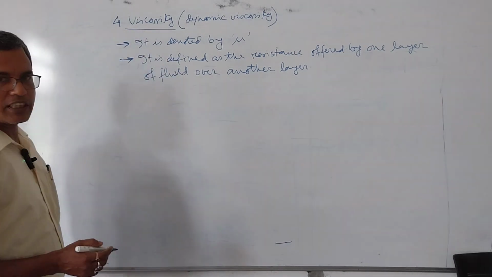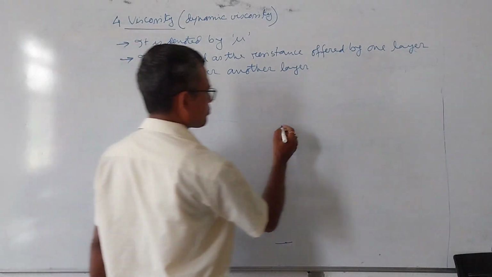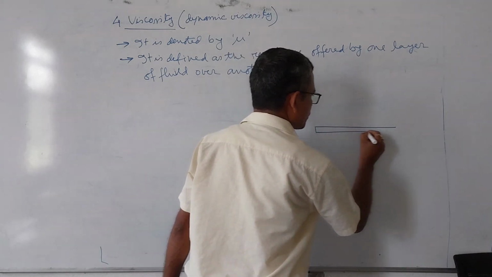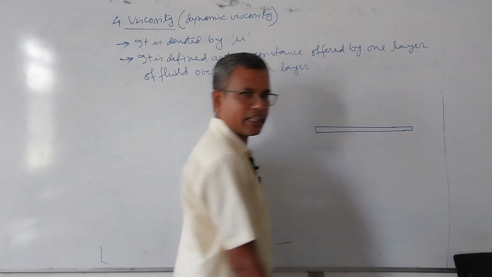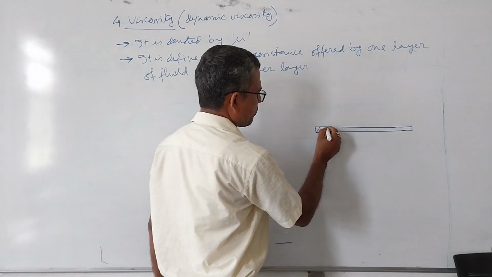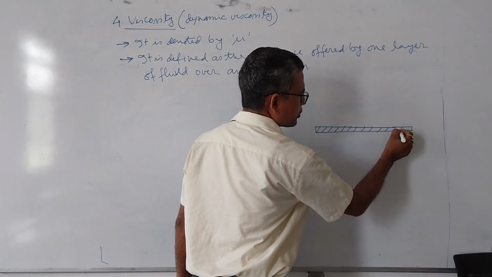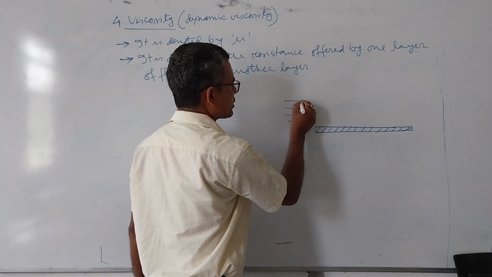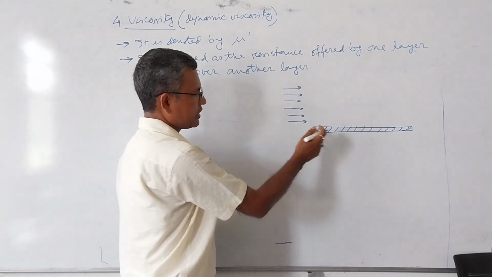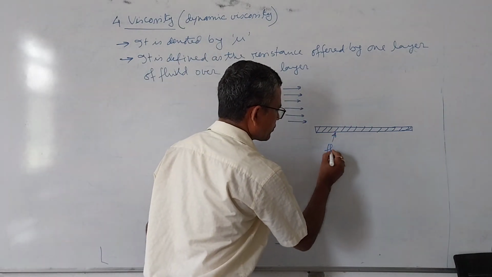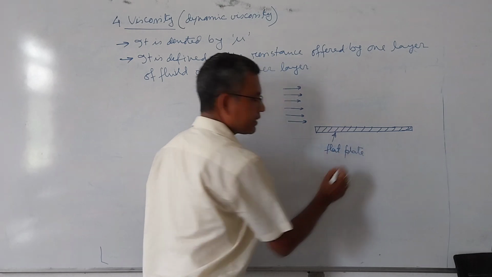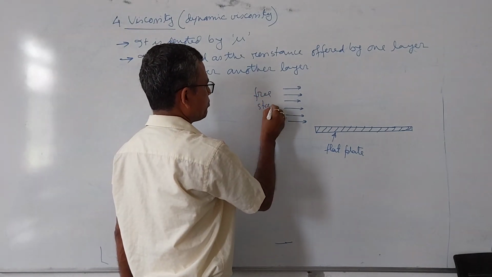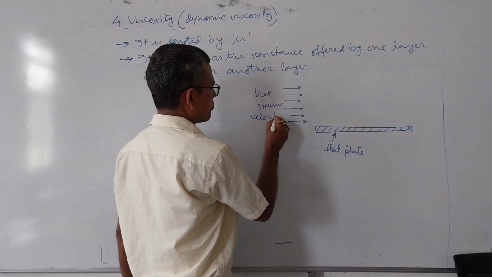So how do we explain this? As an example, let us consider a flat plate that is placed in a free stream velocity.